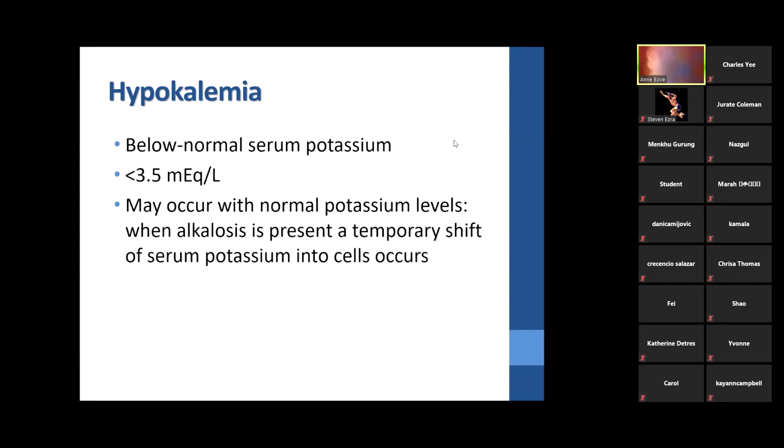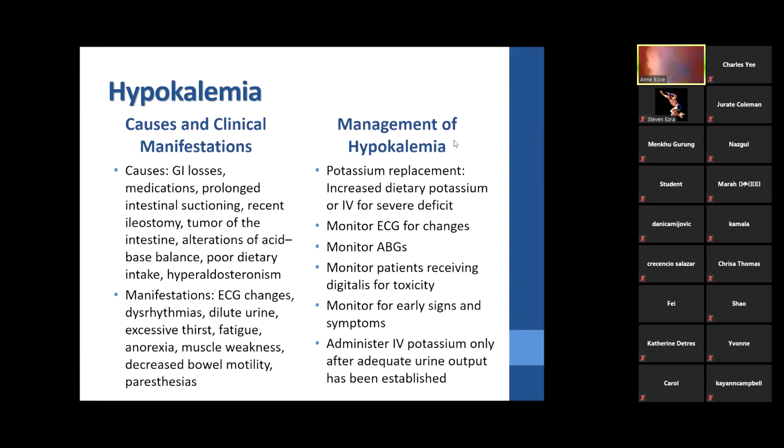Causes of a low potassium level could be that you're vomiting, that you have suctioning of your upper GI system, that you have a poor intake of potassium, and certain electrolytes may affect that potassium level as well.